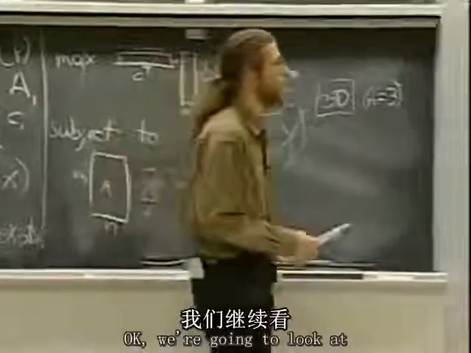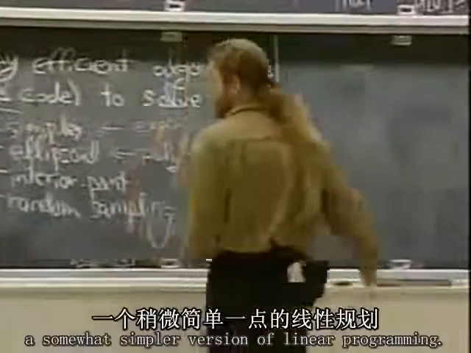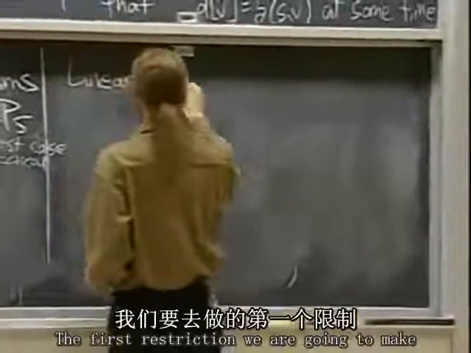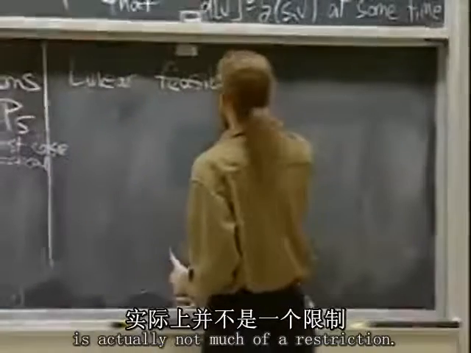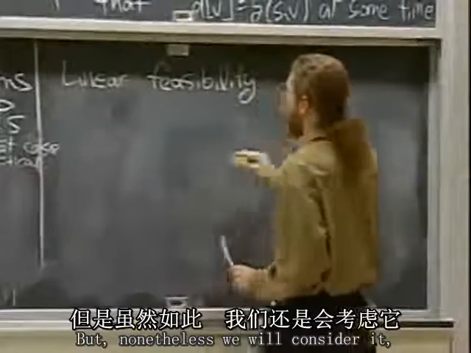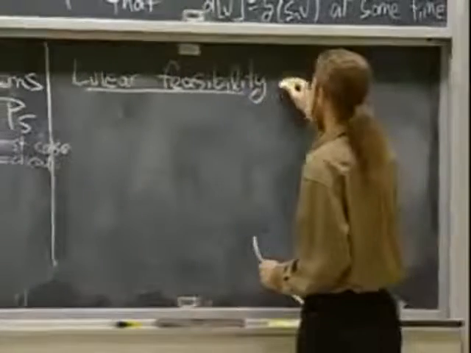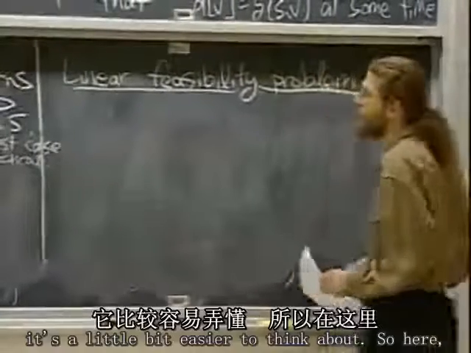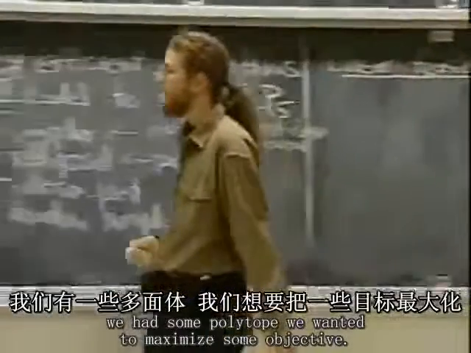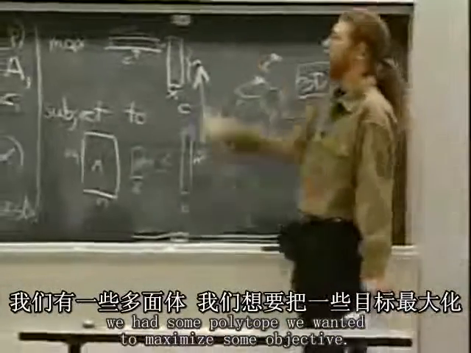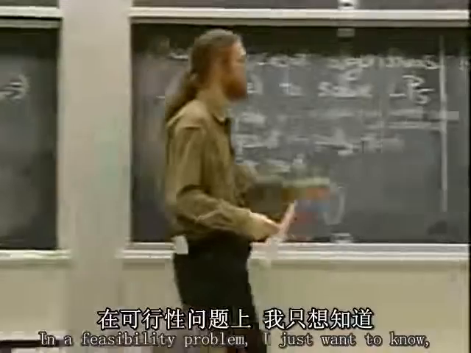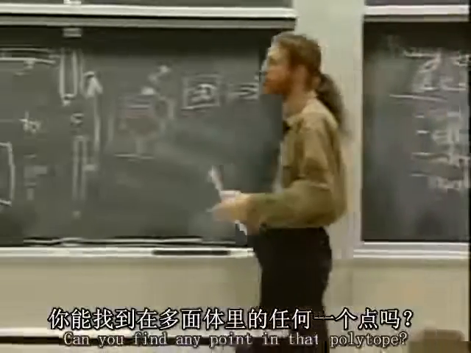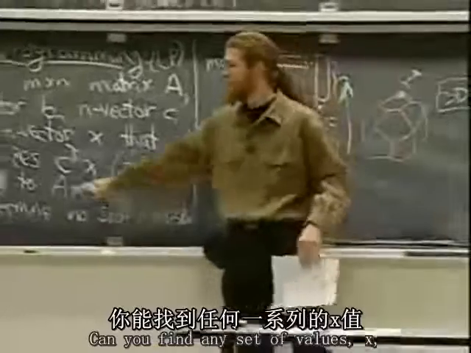Okay, we're going to look at a somewhat simpler version of linear programming. The first restriction we're going to make is actually not much of a restriction, but nonetheless we will consider it. A little bit easier to think about. So here we had some polytope we wanted to maximize some objective. In a feasibility problem, I just want to know, is the polytope empty? Can you find any point in that polytope? Can you find any set of values x that satisfy these constraints?